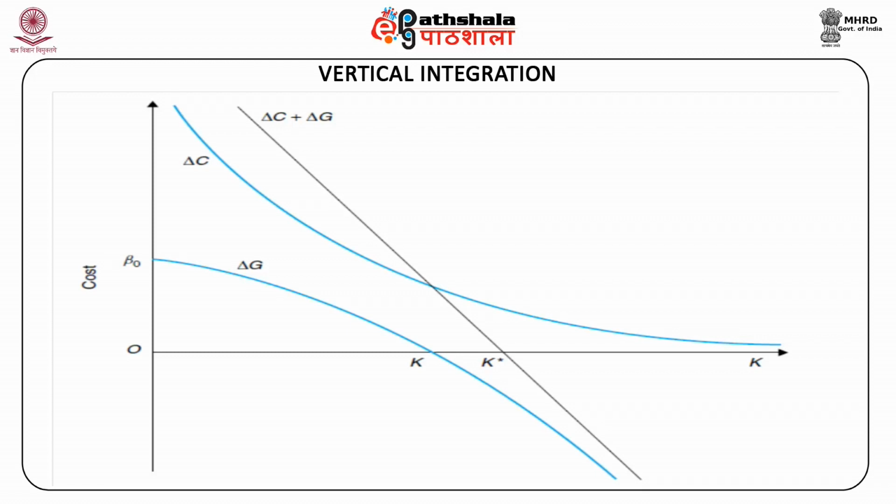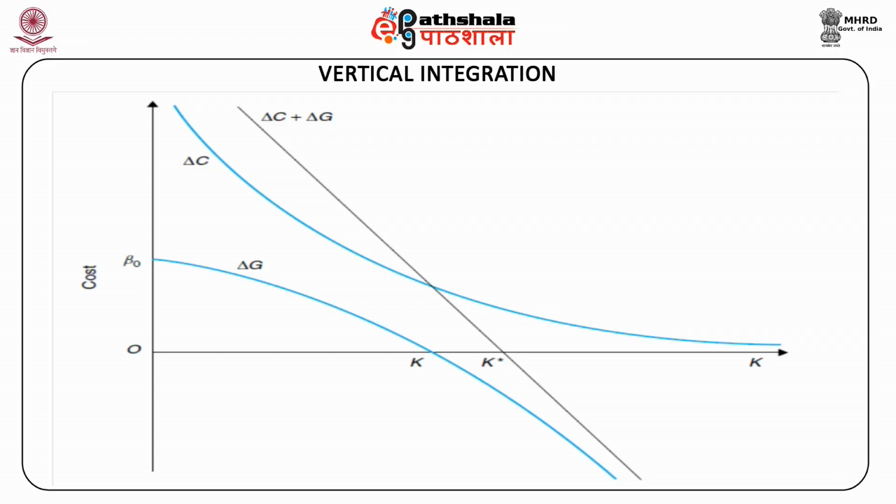The curve is positive for low levels of asset specificity and becomes negative as the asset specificity increases. This is because when the asset specificity is low, holdup is not a significant issue. In the absence of asset specificity, market exchange is more likely to be agency efficient than vertical integration.